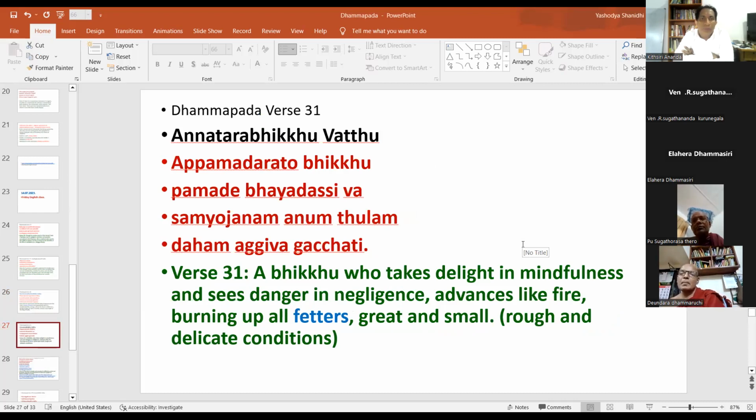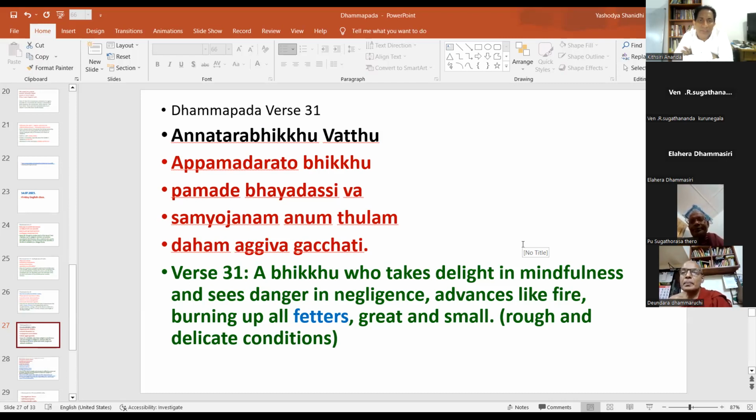Appamada rato bhikkhu pamade bhayadassiva sanyojanang anuntulang dahang aggiva gacchati. The bhikkhu who takes delight in mindfulness, appamada rato bhikkhu, that means the bhikkhu who heeds mindfulness as something great in life.